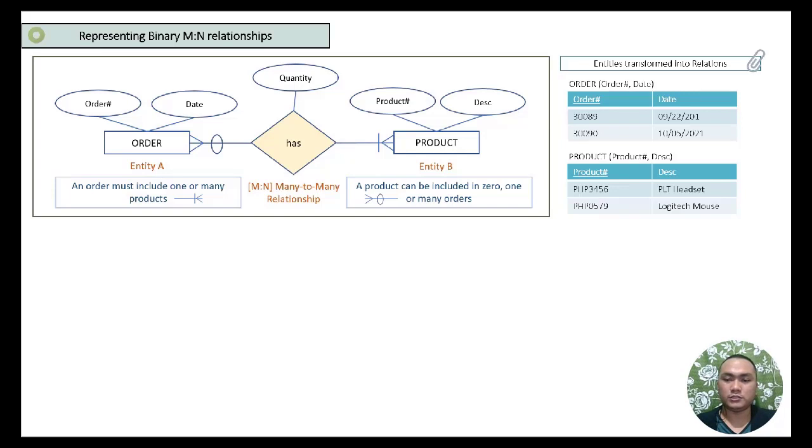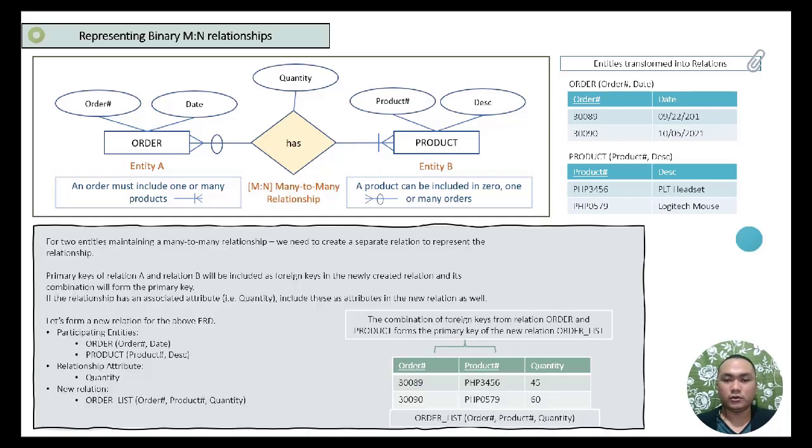Now, let's form a new relation to represent the relationship has. So we have these participating entities: order with order number and date, and product with product number and description. The relationship attribute will be the quantity.